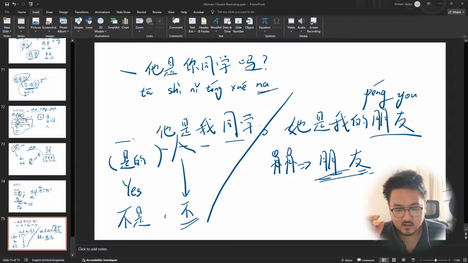Then you can use these functional words to quickly identify the subject, the verb, and the object, and get the whole structure ready.